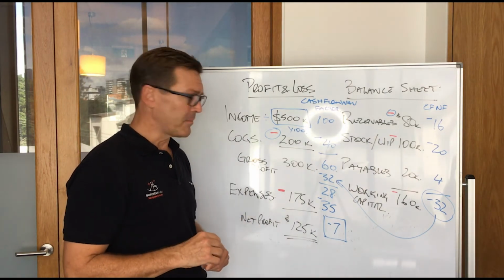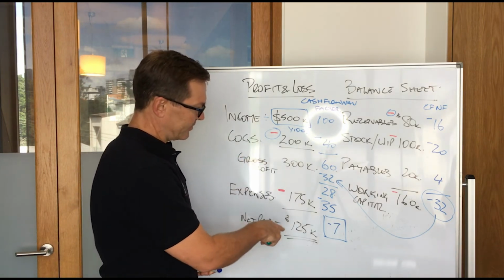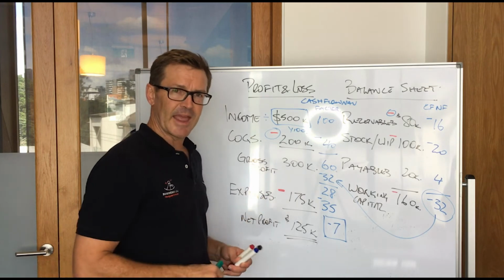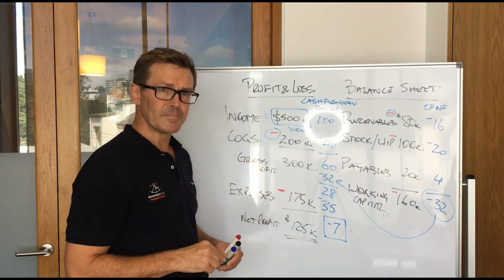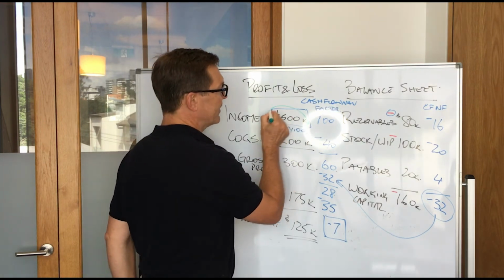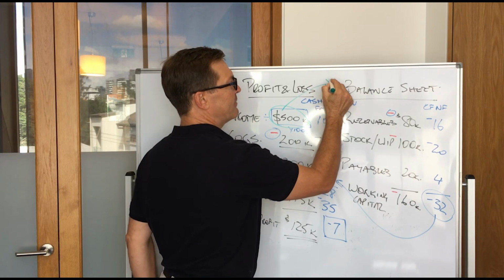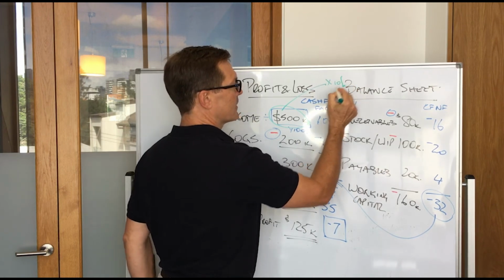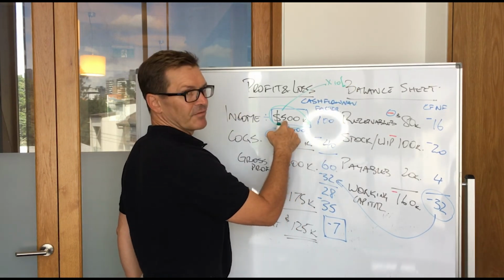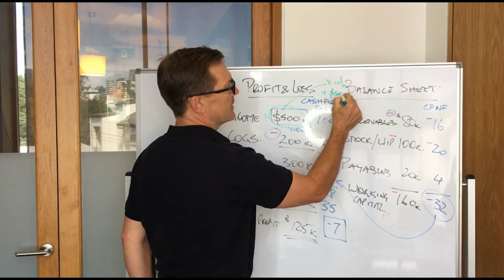Because business owners are motivated to grow their businesses, and they might think that to overcome their cash flow issues they could sell more. If we took a simple example of wanting to grow this business by 10%, we would have an extra 50,000 in sales.